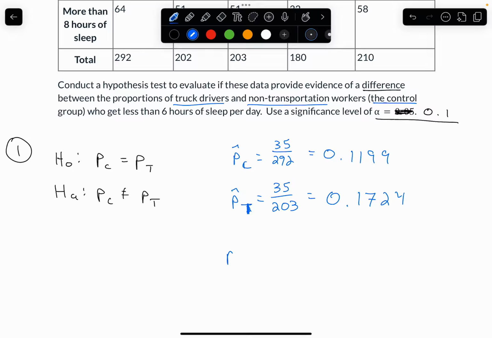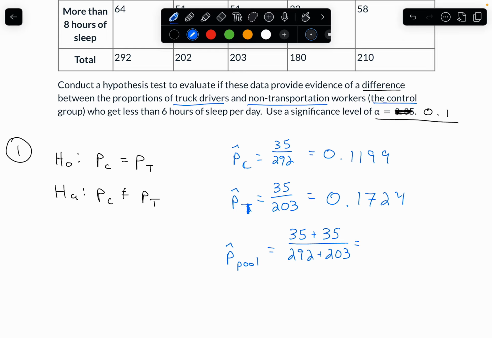I also want to know what P hat pooled is. Remember, we're combining these two groups. Essentially, we're just adding our numerators and adding our denominators. So we take 35 plus 35 divided by 292 plus 203.